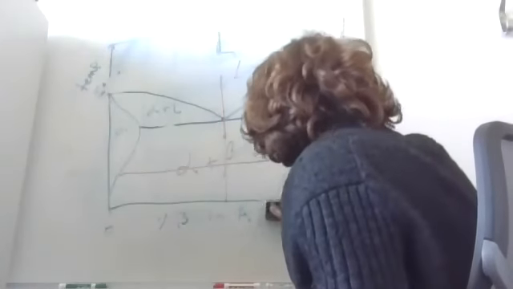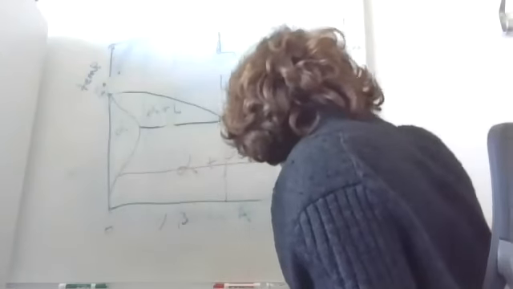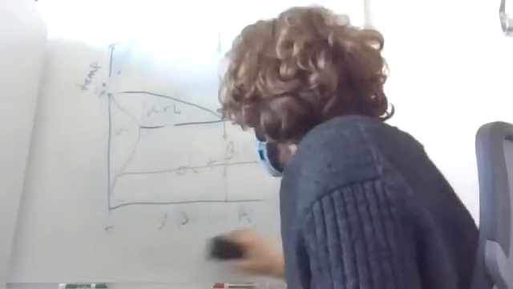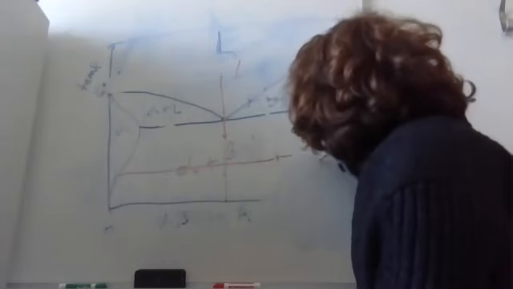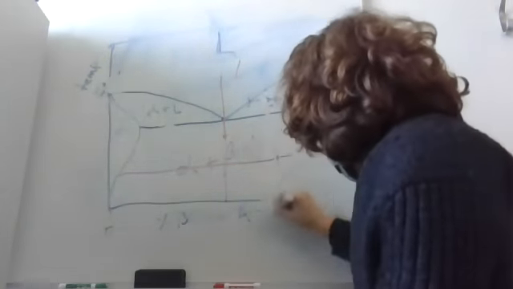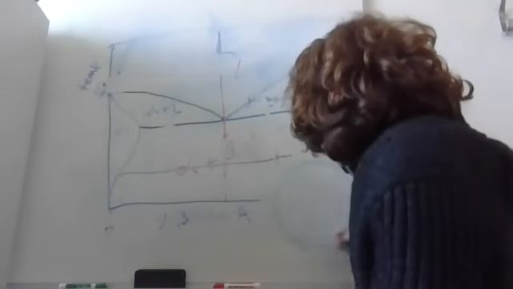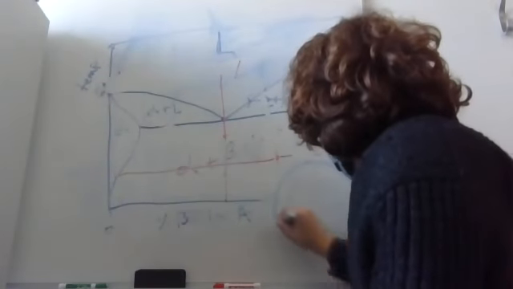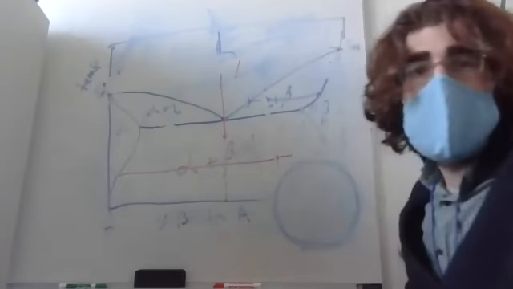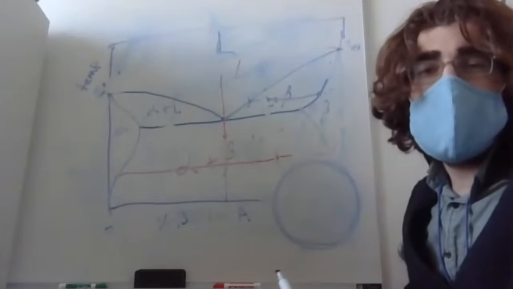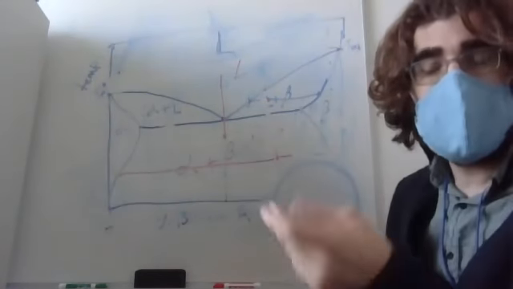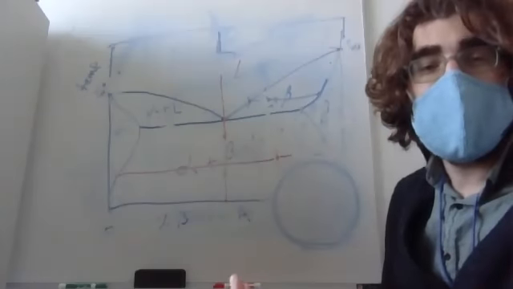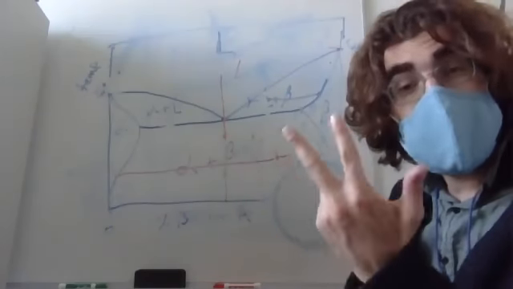And in that way, if this were a cross section, so this is our cross section, and we have conditions where we traverse this eutectic point, we're going to spontaneously go from a liquid to a solid, and a solid of two different phases.